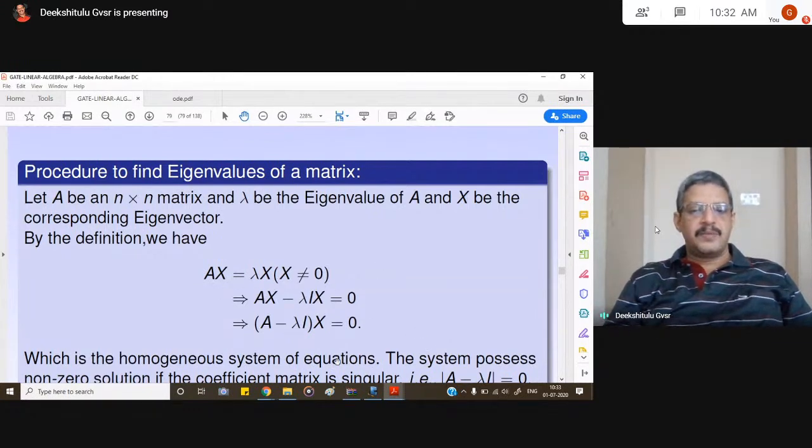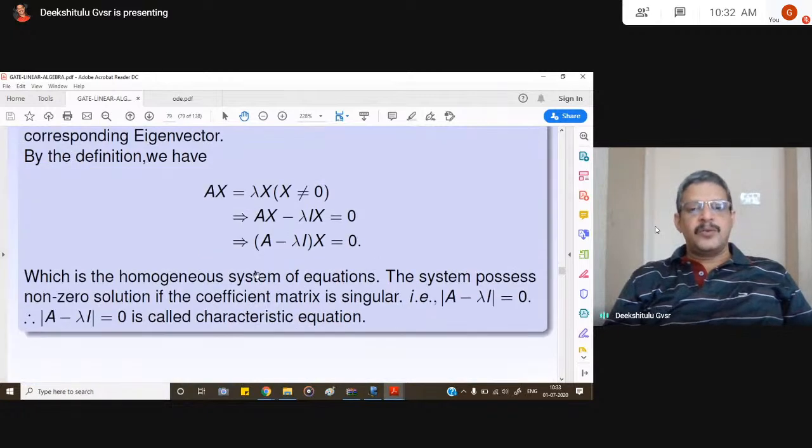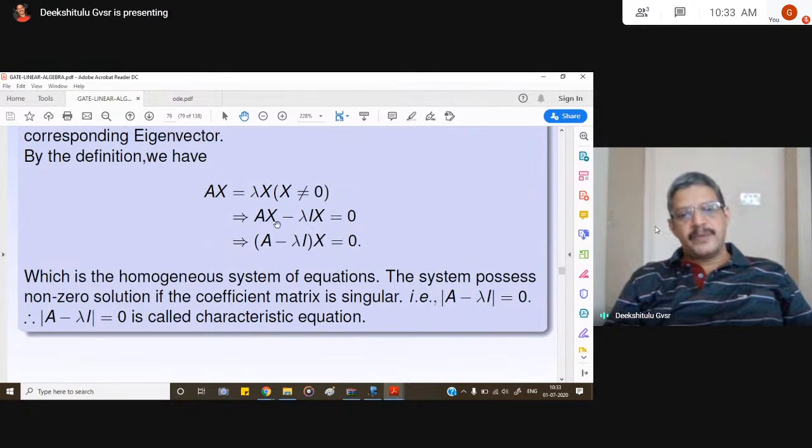So if you take x common, this is what we get, which is a homogeneous system of equations, and this is your coefficient matrix. We know that for a homogeneous system of equations, for the existence of a non-trivial solution, the determinant of the coefficient matrix must be 0. So that's why determinant of A minus lambda I is 0. This is called the characteristic equation.